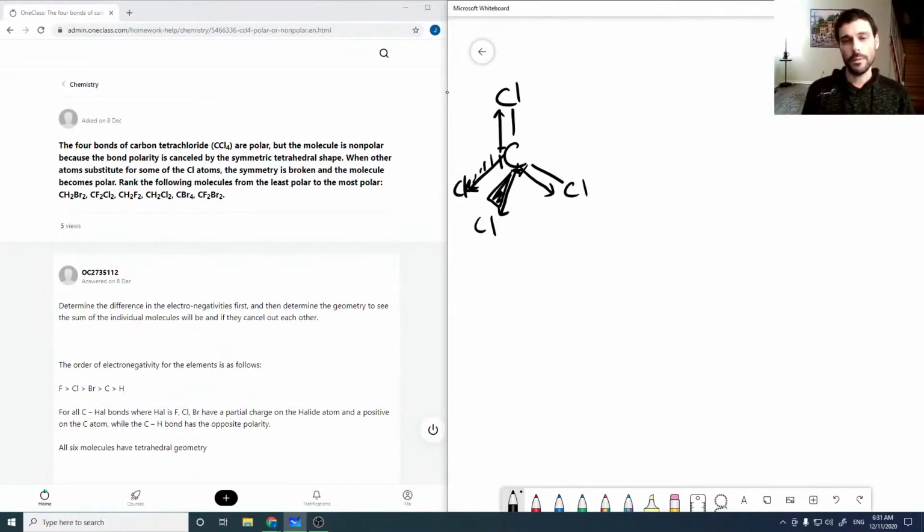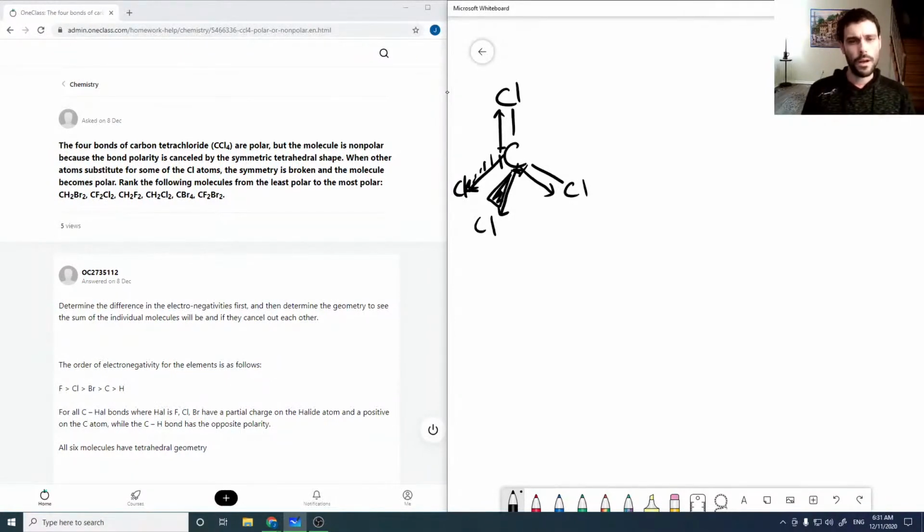I think it must be the chemistry way, which is the opposite to the definition of dipole, but that's fine as long as it's consistent. So as you can see, all the dipoles point out, but then they would all cancel.